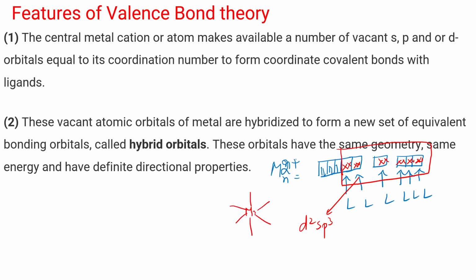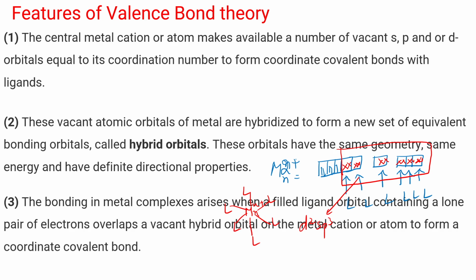The Mn is inside and ligands are outside. So they form the same geometry. All the orbitals have the same energy. We know what a hybridized orbital is: different orbitals rejoin and rearrange their energy, and then form hybrid orbitals, which have the same geometry, same energy, and definite directional properties.